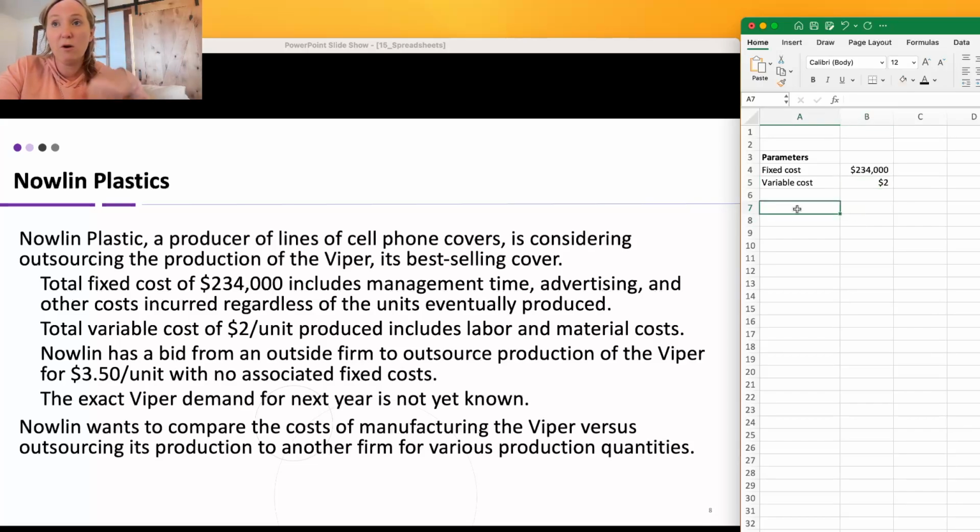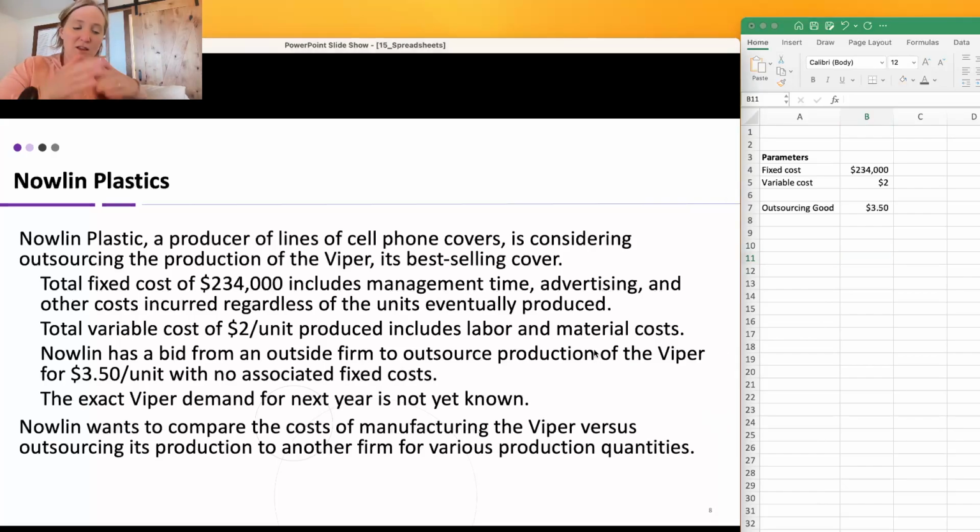And then for outsourcing it and importing the good in, it's actually going to be $3.50. So here, given this world where we don't have any added on tariffs or anything, per unit import is only $3.50.